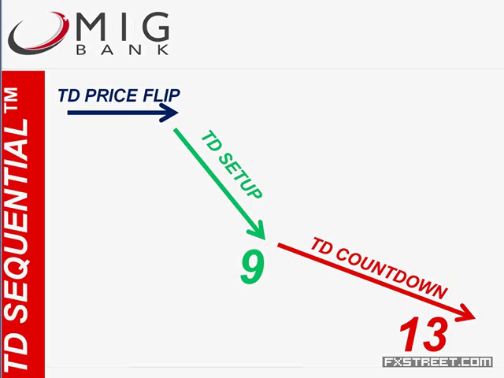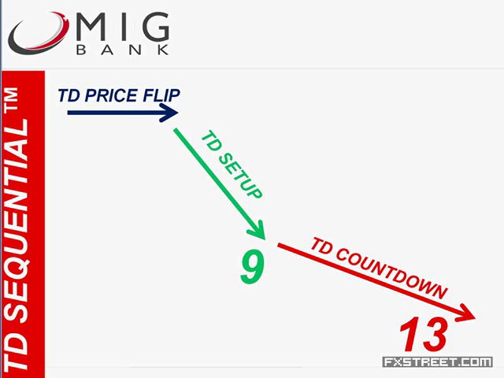It's quite an aggressive algorithm, and the TD countdown is more of a weaker criteria in the sense that it's not as aggressive as TD setup in some ways. And so for that reason, it tends to allow the market to really exhaust, for that trend to really run out of price momentum before we get that red 13 appear on the chart. Okay, I'm going to move on now.